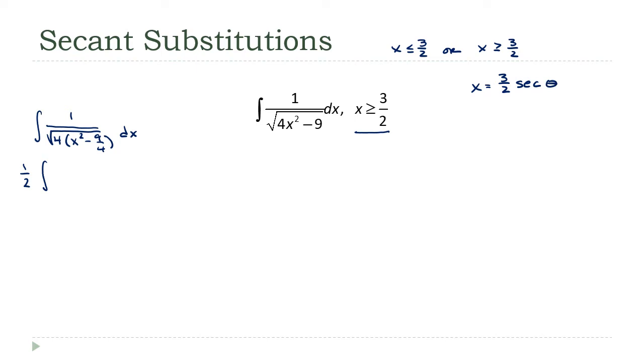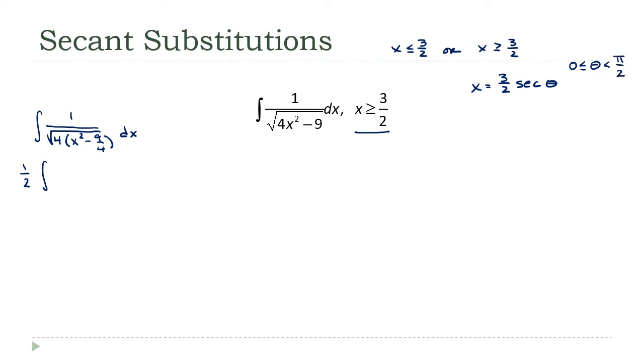What I want you to notice here is that because of this restriction that I've put on x, it's enough for me to require that theta is between 0 and pi over 2.